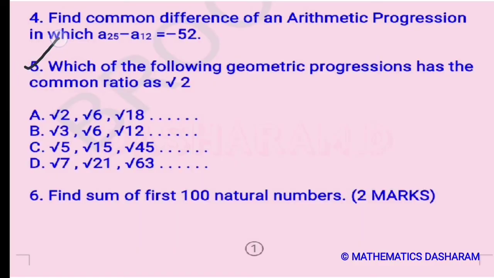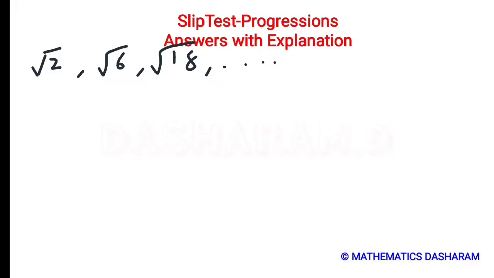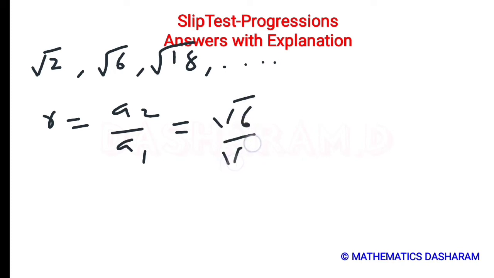Next, fifth question, which of the following geometric progressions has the common ratio as root 2? He gave 4 options. First option A, A2 divided by A1. So A2 equals root 6 by root 2.